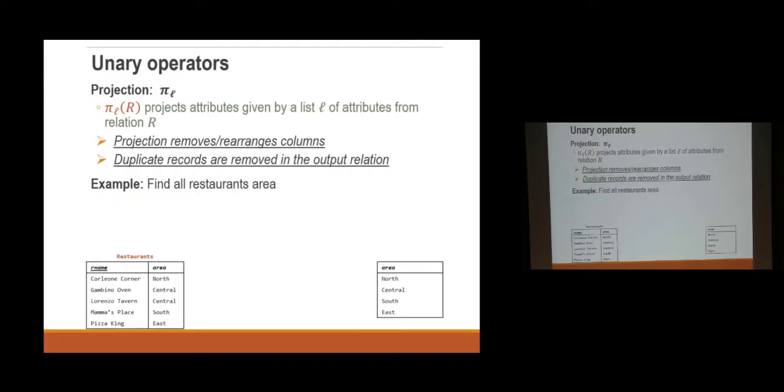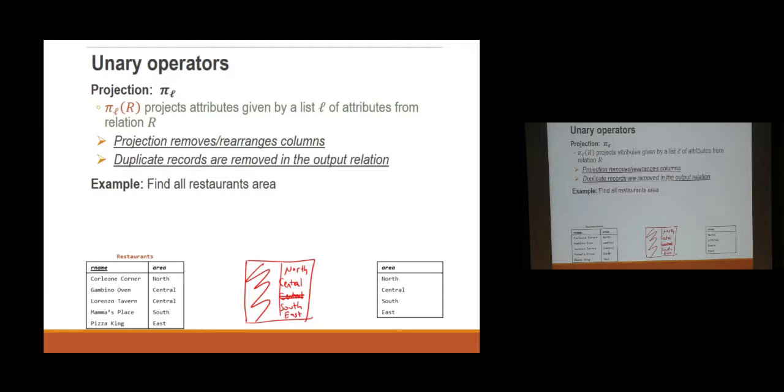So this is an example. If you simply remove the R name, the intermediate value that you have will contain north, central, central, south, and east. But the central, oh, so this one is gone. The central is duplicated.